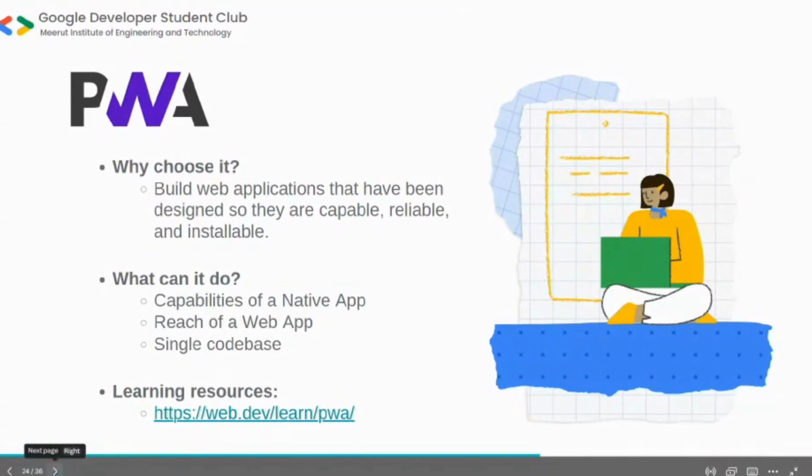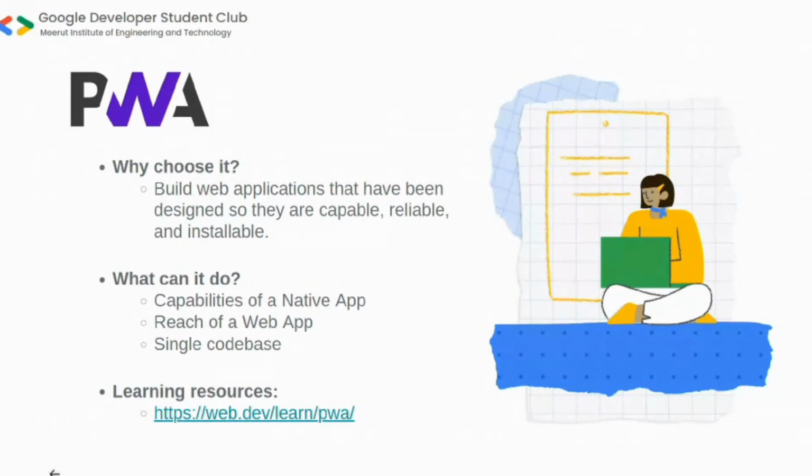So for learning, you can use the official documentation. I have to say, you can look at this learning resource because it's very detailed and every step is included. So for those who want to learn PWA can use this.